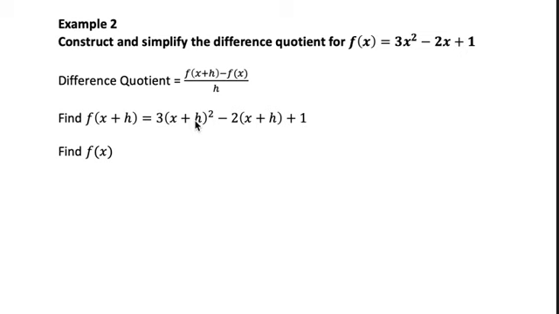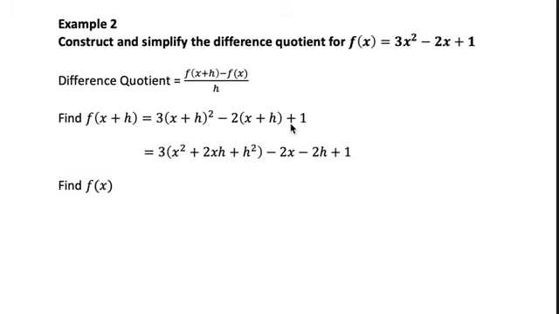So I'm going to plug x plus h in for x in this expression. Take a minute, pause the screencast if you need to see what happened. Now I have to find x plus h squared, and I'll distribute negative 2 to x plus h and then add 1 at the end.